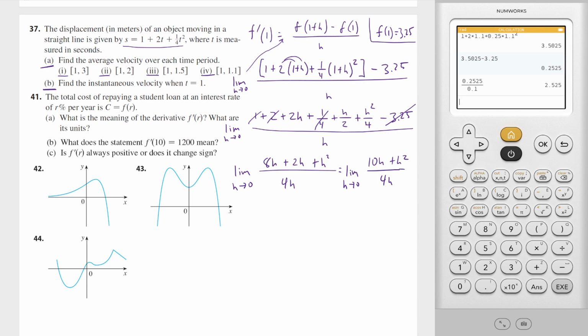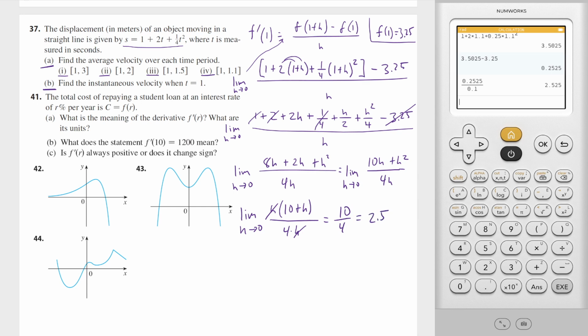And now, when I factor the h out of this, we're going to see that this is the limit as h goes to 0 of h times 10 plus h, and on the bottom we have 4 times h. These h's cancel out. And now I can plug 0 in for h. And I get 10 over 4, which is equal to 2.5.